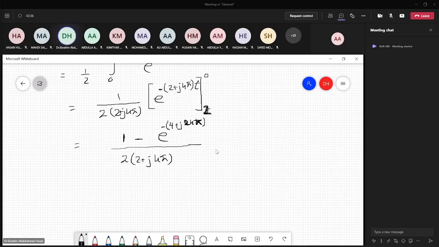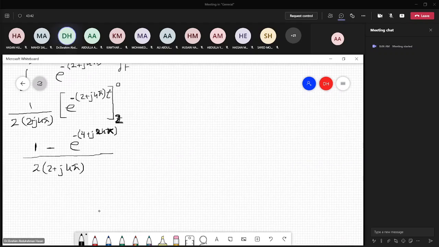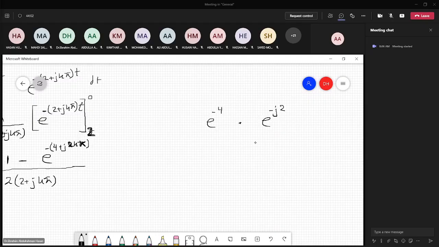Let's see what this one is before we continue. Well, e to the power of minus 4 multiplied by e to the power of minus j 2 pi k. 2 pi is the same as 0.